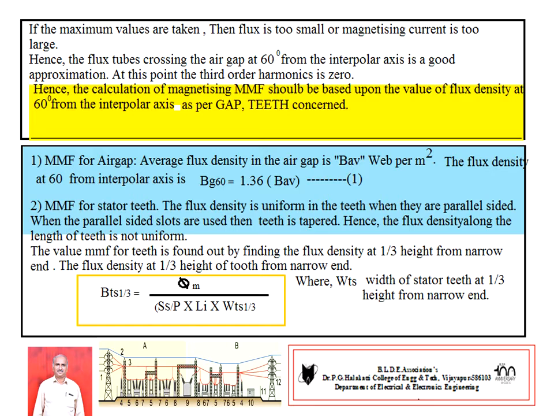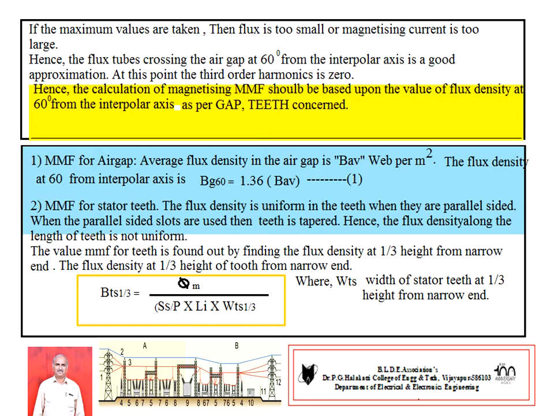You have to calculate the average flux density in air gap, denoted by B average, Webers per meter square. This flux density should be converted to 60 degrees, which we call BG60. BG60 equals 1.36 into B average. You develop the equation 1.